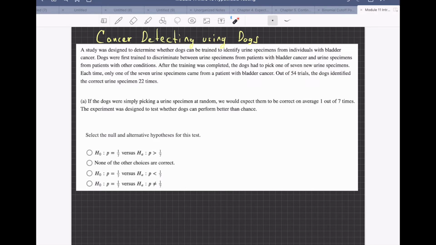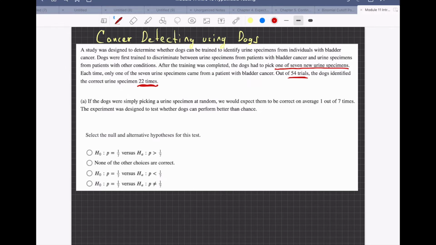After the training was completed, the dogs had to pick one of 7 new urine specimens. So this information is going to be important. Each time, only one of the 7 urine specimens came from a patient with bladder cancer. Out of 54 trials, the dogs identified the correct urine specimen 22 times.